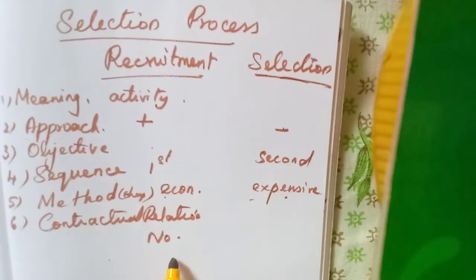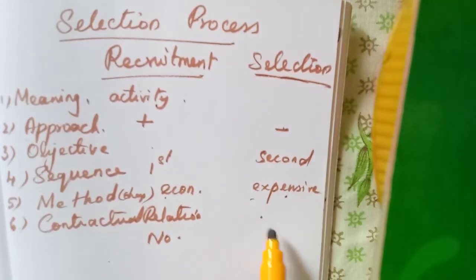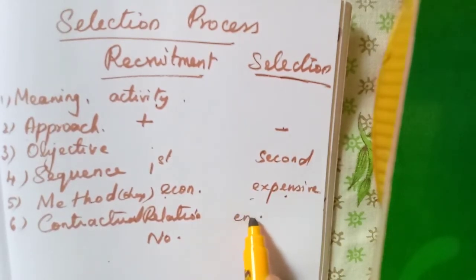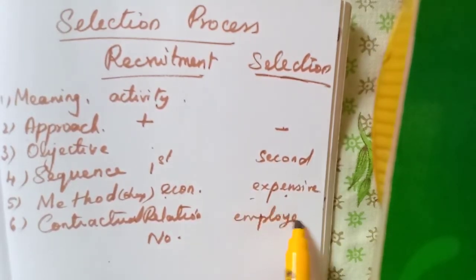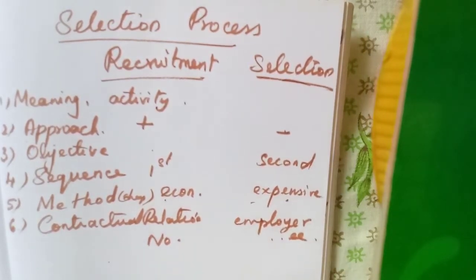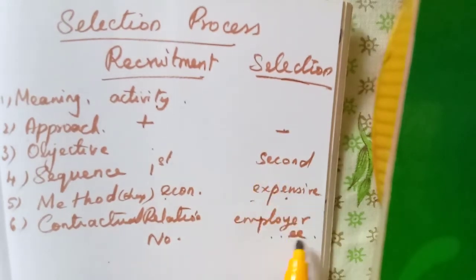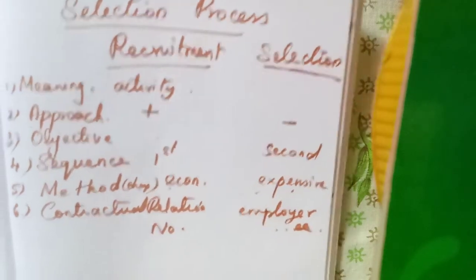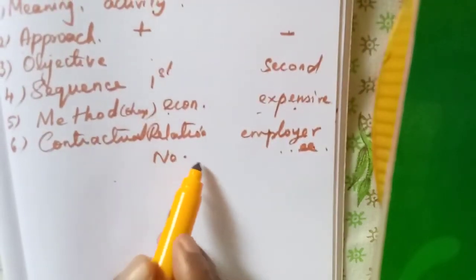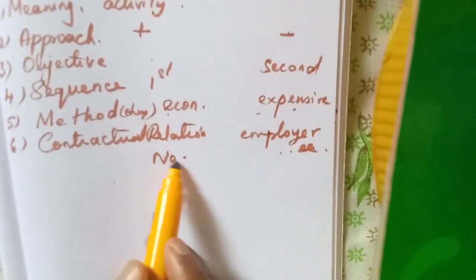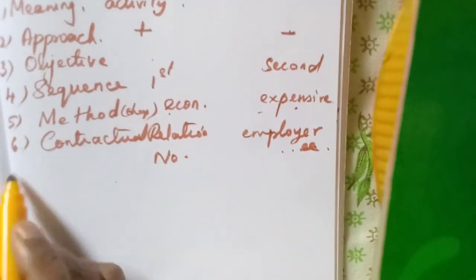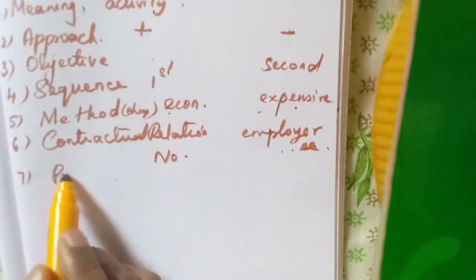But in selection, once they have selected a candidate, an employer-employee relationship arises, because after selection the candidate becomes the employee. In recruitment there is no such relationship; they simply apply for the job.